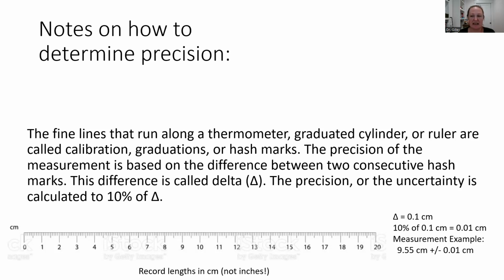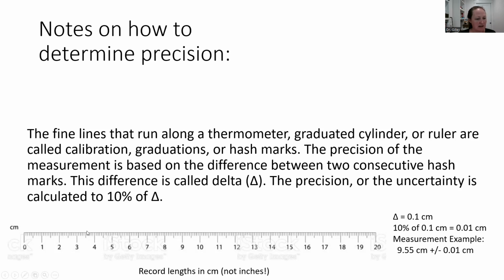So these are a variety of different measuring devices. You'll also use a scale to measure mass. And they each have different levels of precision based on their calibration, their graduations, or their hash marks, right? So what we have to do is look at the difference between two consecutive hash marks. And this difference is called delta. So let's look and see. Okay, so this is a ruler, and we're measuring in centimeters.